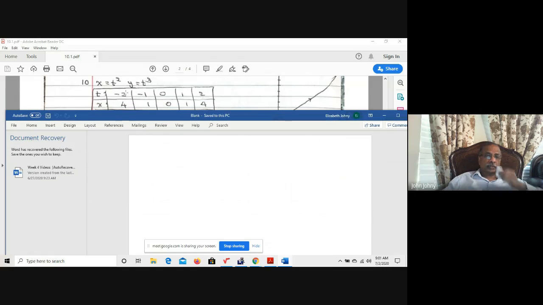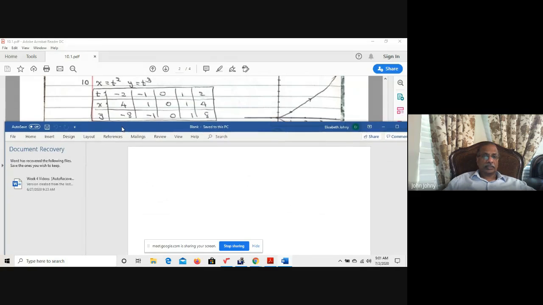When t is equal to negative 2, x is t square, that is 4, and y is t cubed, that is negative 8. When t is equal to negative 1, x is negative 1 the whole square, that is 1. Y is negative 1 cube, that is negative 1. When t is equal to 0, x is 0 square, that is 0.